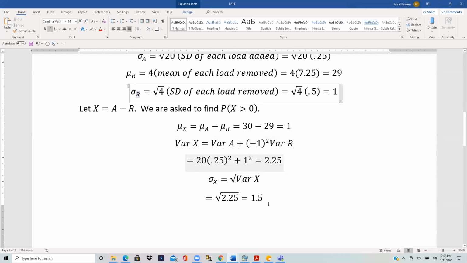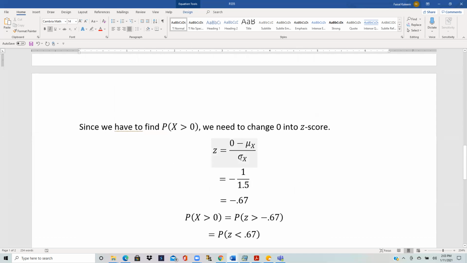Now we have the mean of X and the standard deviation of X, so we are ready to apply our normal calculation. Since we want the probability X greater than 0, we need to change 0 into a Z-score. Using the same formula, it's 0 minus the mean of X divided by the standard deviation of X. Mean of X was 1, so negative 1 over 1.5, that's negative 0.67.